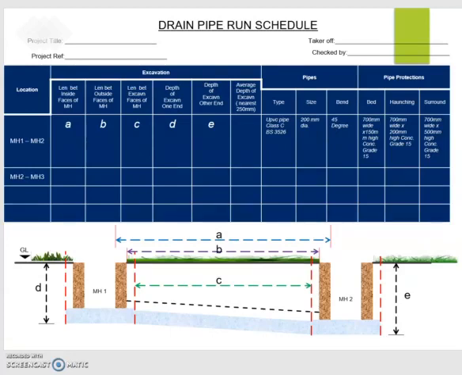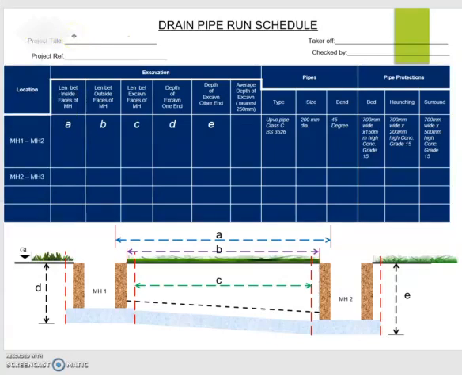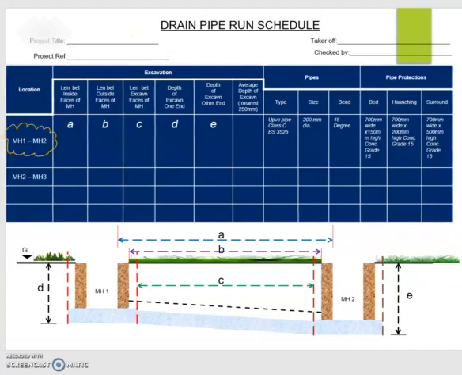Drain pipe run. If we look at this, remember in the previous notes it is stated that your piping must be from face of manhole to another face of manhole, including the manhole wall thickness, and it must be sequential, which means MH1 to MH2, MH2 to MH3.